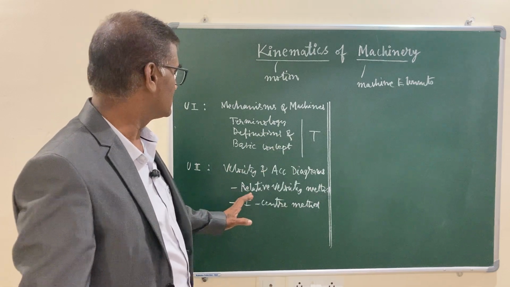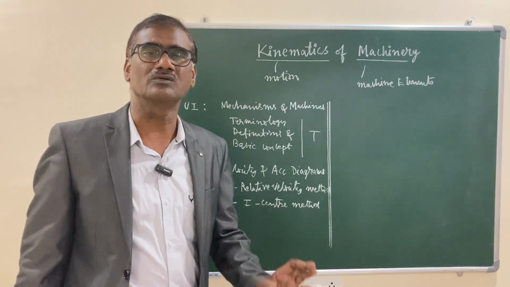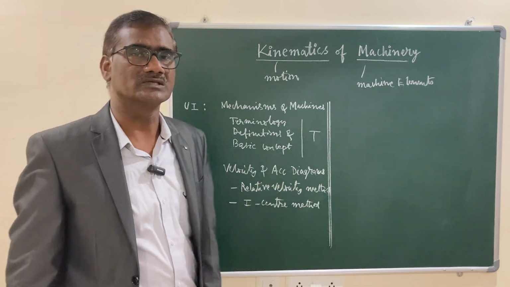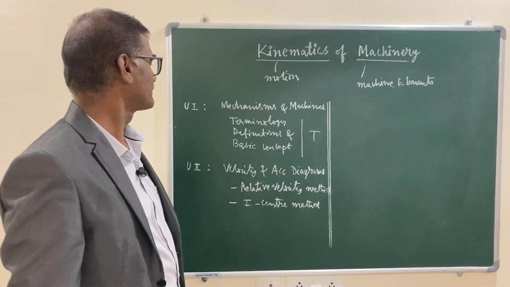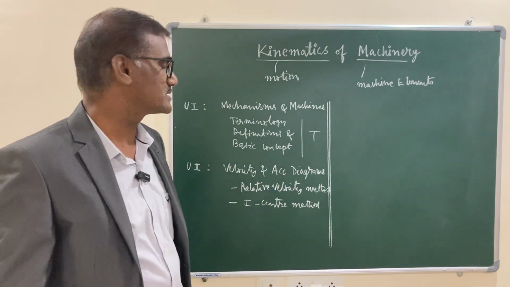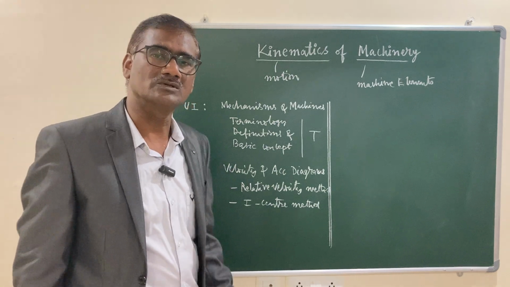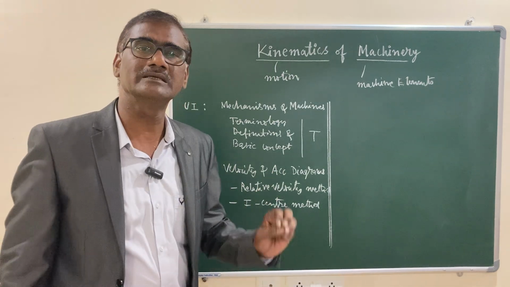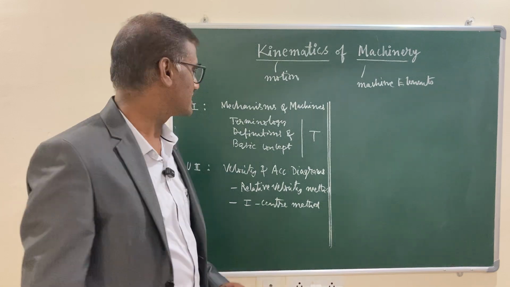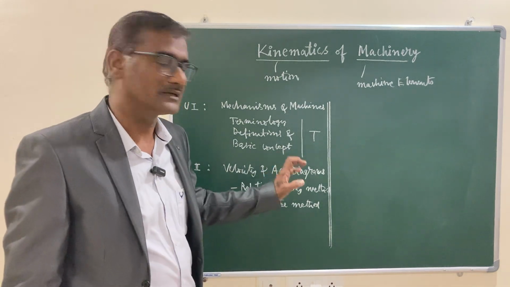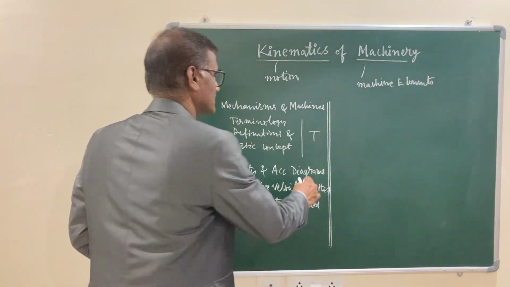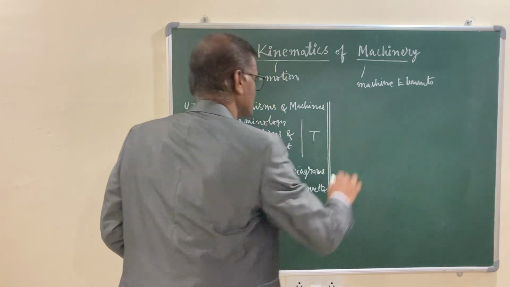But the instantaneous center method is useful only to calculate the velocities of simple mechanisms. So this particular unit is totally a drawing method. You are going to draw the velocity and acceleration diagrams, and the nature of the unit is problems.